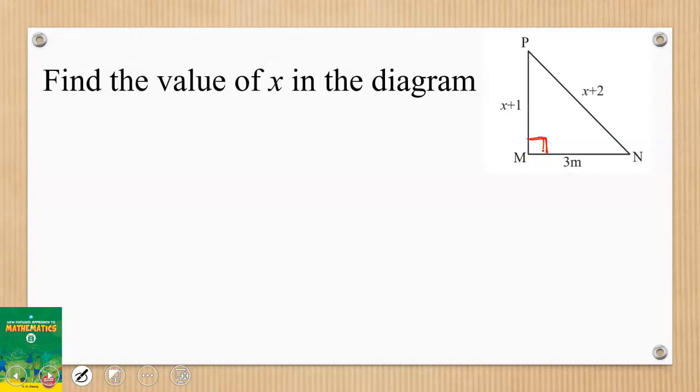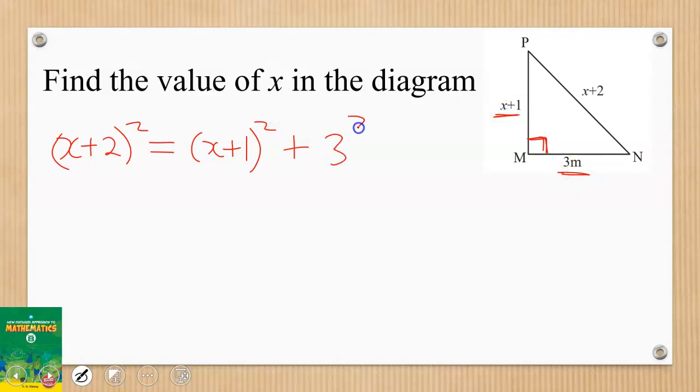So let's assume that it is 90 degrees. In that case, our hypotenuse squared, that is the longest side squared, x plus 2 all squared, should be equal to x plus 1 also squared, that is the side here, plus then the side here, 3 squared.